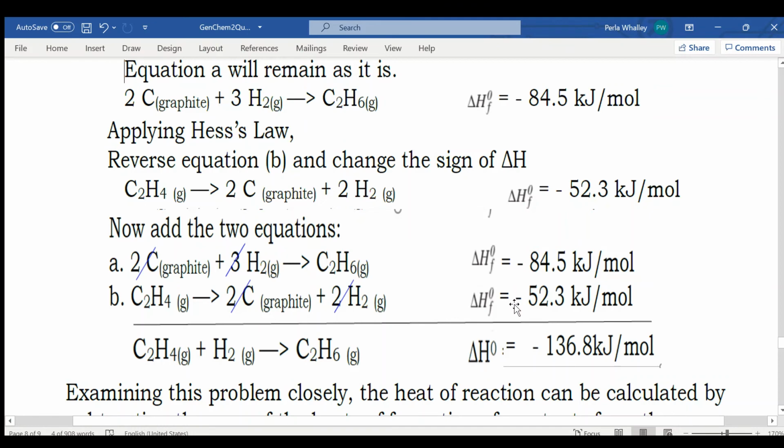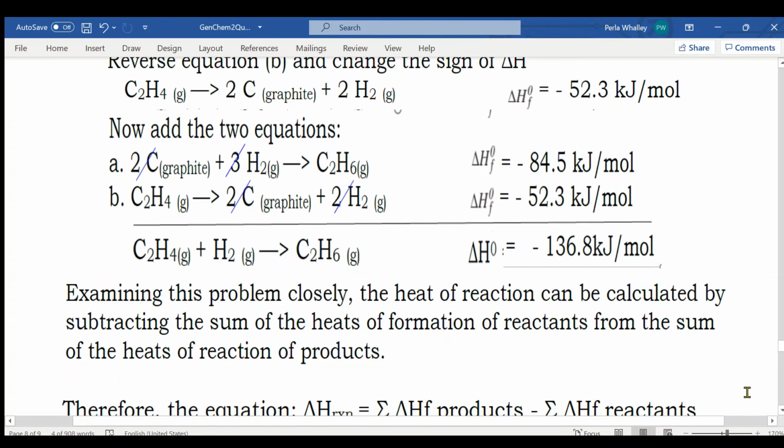Because they have similar signs, the sign will be easy. It is also negative. We add it up. So the answer is negative 136.8 kilojoules per mole. So the standard enthalpy of reaction of this equation is this.